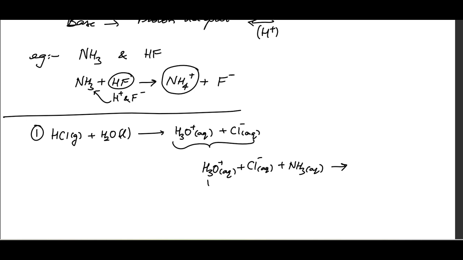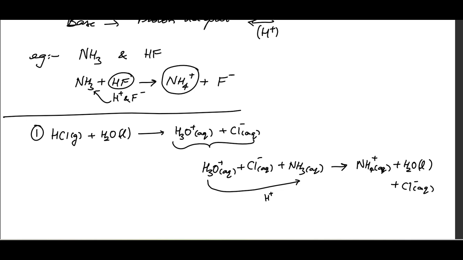So there is a proton transfer, one H plus to ammonia, and therefore it becomes NH4 plus, the ammonium ion, aqueous. And when one H plus is removed from the hydronium ion, it will give water, H2O. And then there is the chloride ion.